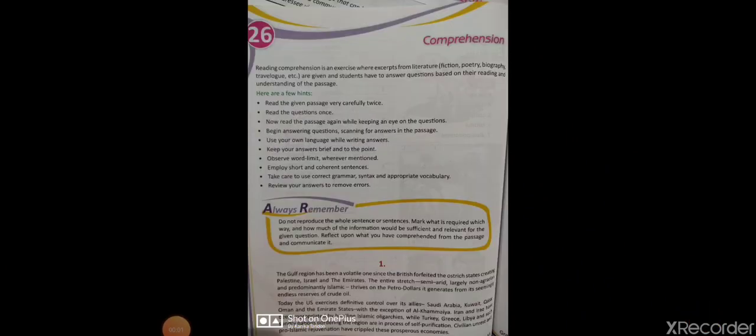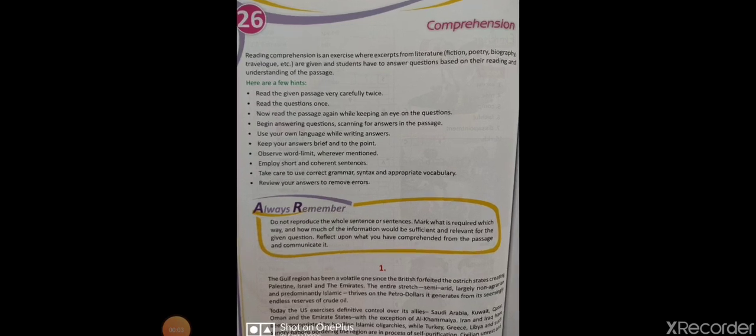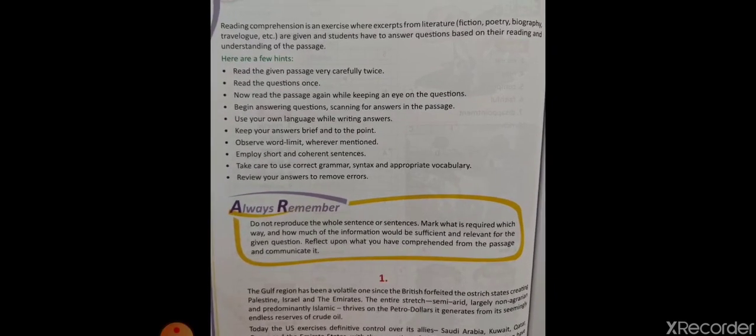The next chapter is comprehension. Comprehension is a kind of paragraph that you have not read before. It is basically the best way to test the student's reading, writing and understanding skills. In comprehensions, a paragraph is provided to you that you have to read and understand, and then answer a set of questions asked below.